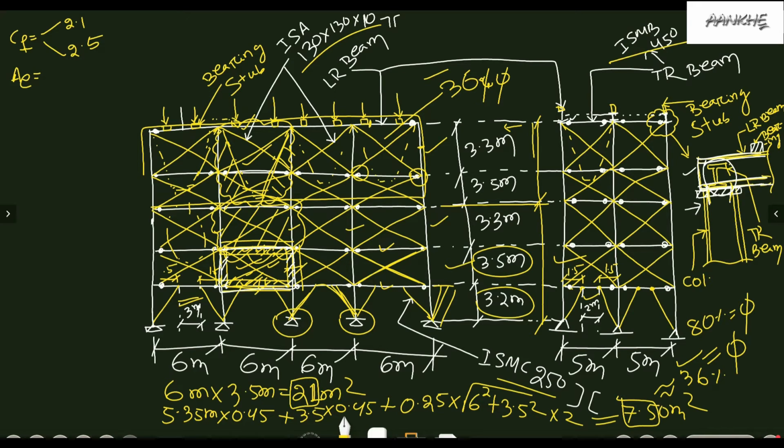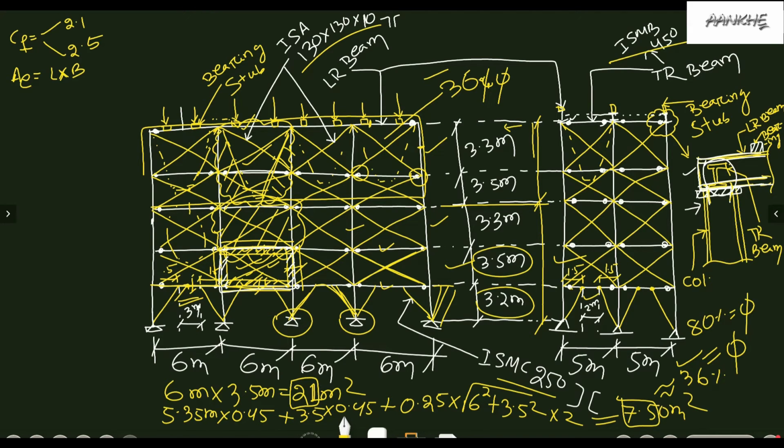Now next comes AE, the effective area. Effective area is nothing but length into width of the section, L into B. So here we have one plan: why should we directly apply a concentrated force in the middle by taking the length and the width in form of height? Why should we not go for UDL? Because wind load is a UDL, or uniformly distributed load.